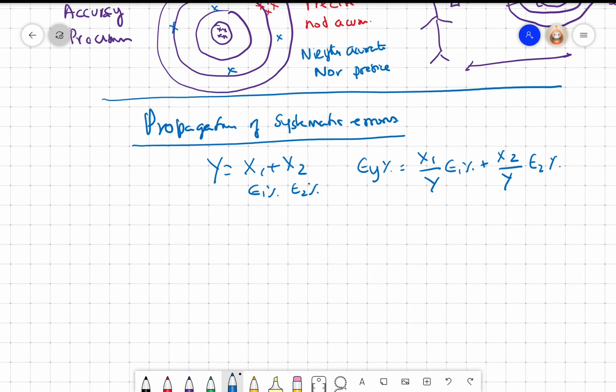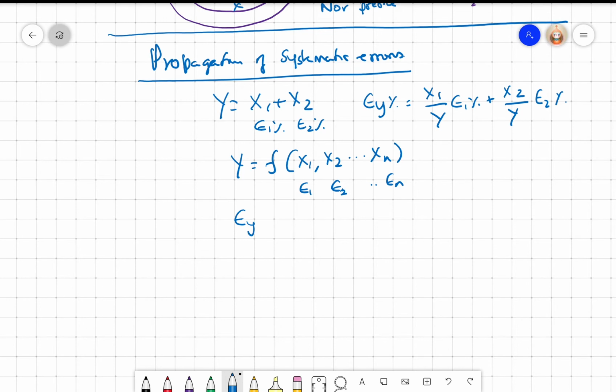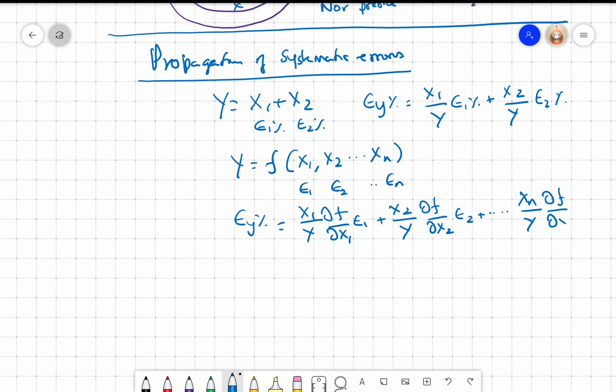that if I have y equal to f of x1, x2, ... xn, where each is a measured value with an error of epsilon 1, epsilon 2, up to epsilon n, then epsilon y, error in y percent, would be x1 by y dou f by dou x1 into epsilon 1 plus x2 by y into dou f by dou x2 into epsilon 2, and so on up to xn by y dou f by dou xn into epsilon n.